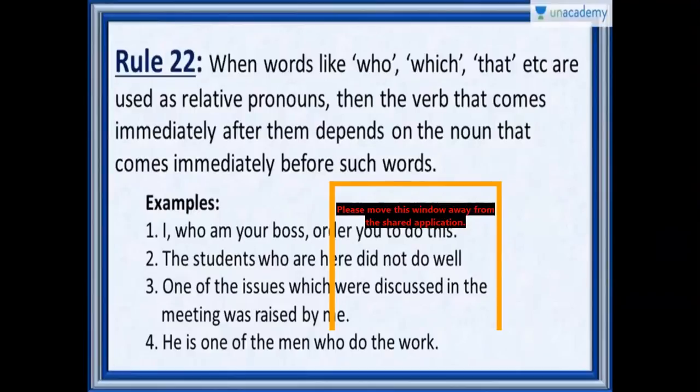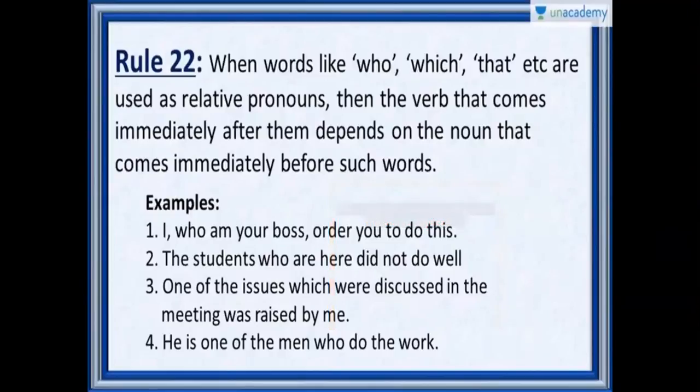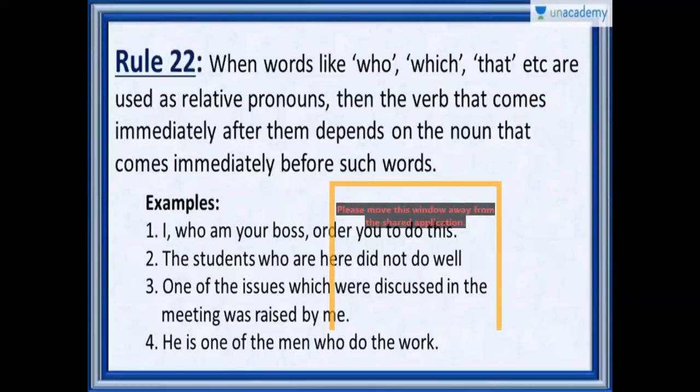Okay, for example, he is the man whom I saw. Now whom is talking about the man, right? So therefore, you have to look at the subject which is there before who, before that, before what. Okay, and if that subject is singular, the verb will be singular.